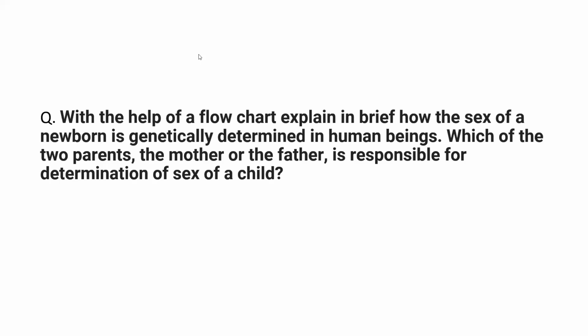Okay. So first of all, you tell then who is responsible for the sex or gender of the offspring, father or mother? It's the father. See. Father is XY and mother is XX. So what determines this gender? Only this Y chromosome of the father determines the gender.